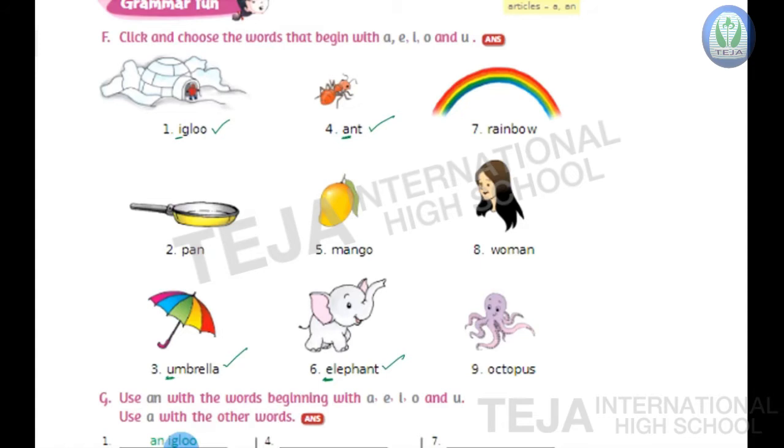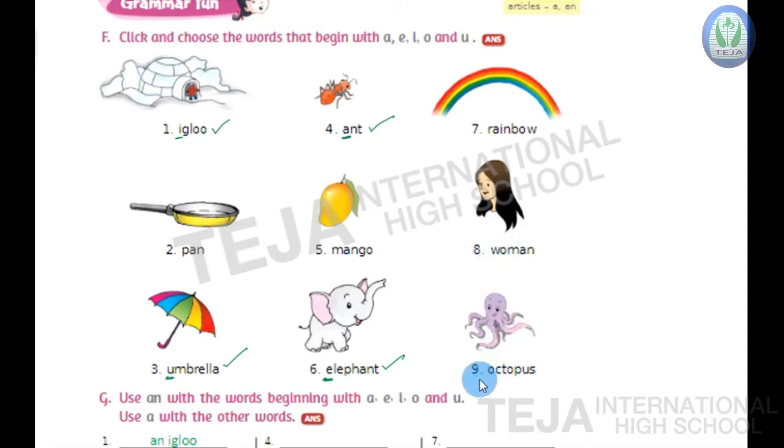Next, seventh one, rainbow, R-A-I-N-B-O-W, rainbow. So the starting letter of rainbow is R. R is a consonant. So move on to eighth word, woman, W-O-M-A-N, woman. Here also W is a consonant, so leave the word, children.